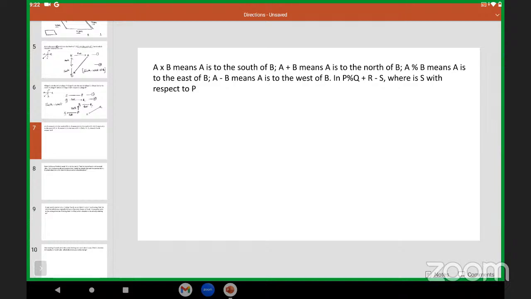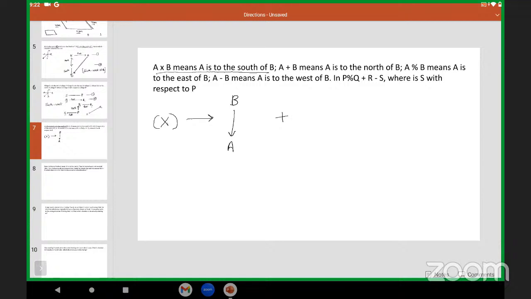Point number one: A multiplied by B means A is to the south of B. So if this multiplication symbol represents A is to the south of B, south will be here. So this is point one.